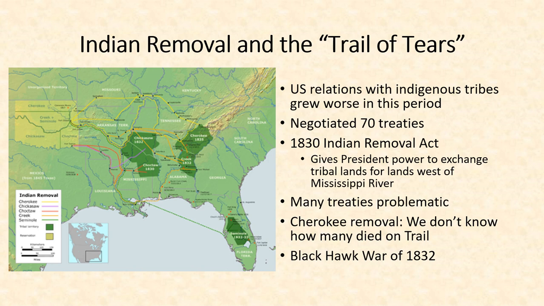The best evidence we have is that anywhere between 2,500 and 8,000 Native Americans died during these marches. We have numbers as low as 800. So we don't know. We can't accurately say because there are no actual extant records that tell us how many people died.